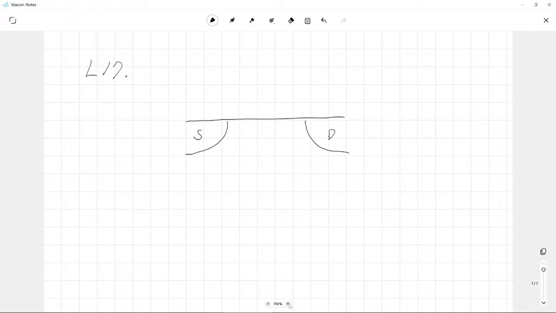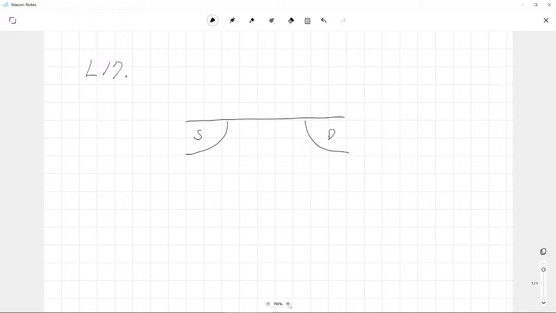Everybody now understands that in order to make a certain terminal, a certain contact, we have to introduce a highly doped region inside our silicon and connect that highly doped region through a metal line. Since this is a source and drain, it should be regarded as a highly doped region.